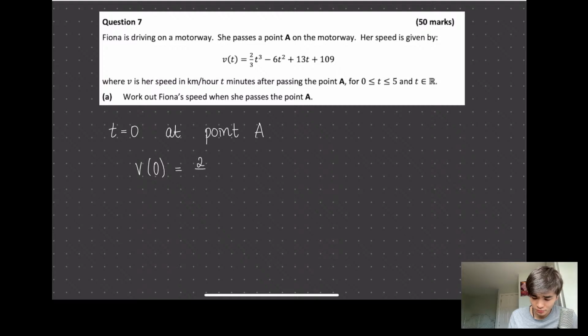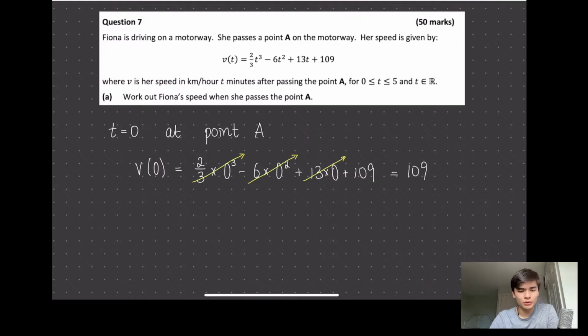So everywhere I spot that t afterwards, I'm just going to replace with a 0. Okay, and hopefully you can see that anything that's multiplied by a 0 is just going to disappear, going to vanish. And that's going to leave us with 109.